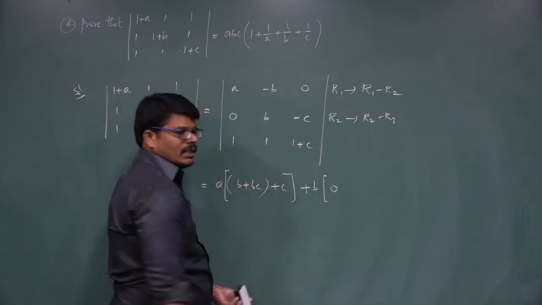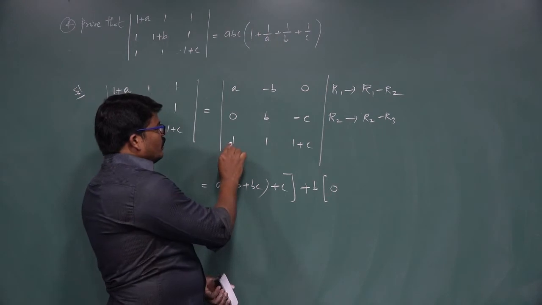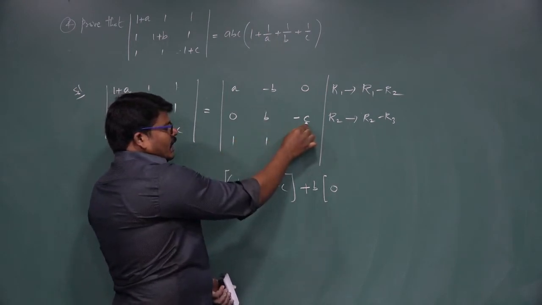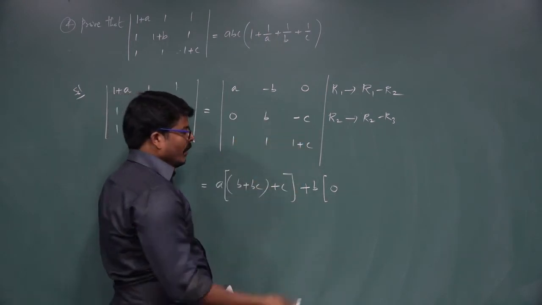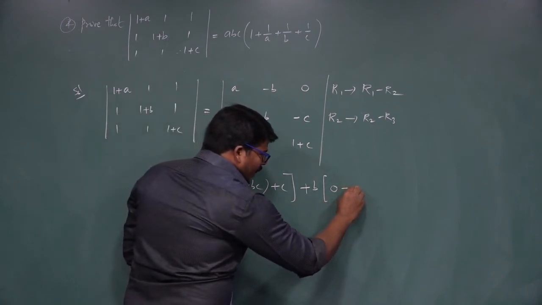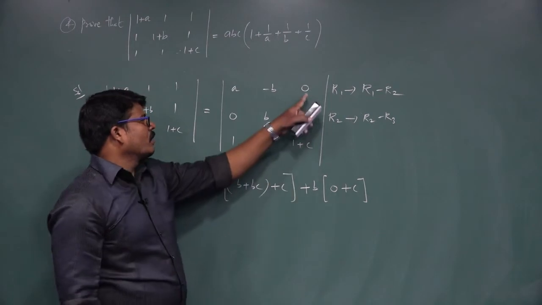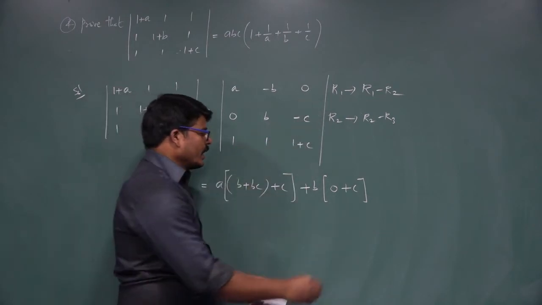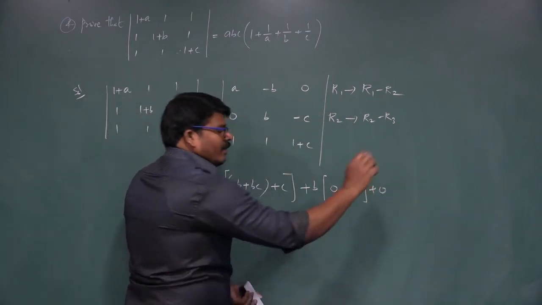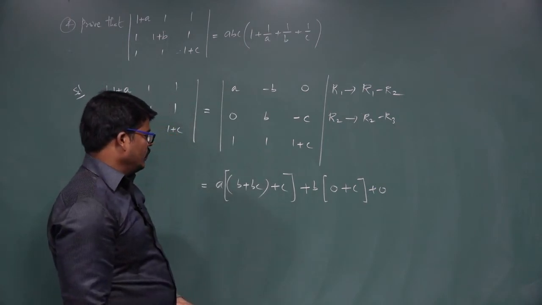Next one, 1 into minus C, already formula is minus, minus into minus is plus C. Next one, 0. Taking the 0, 0 into anything is 0.